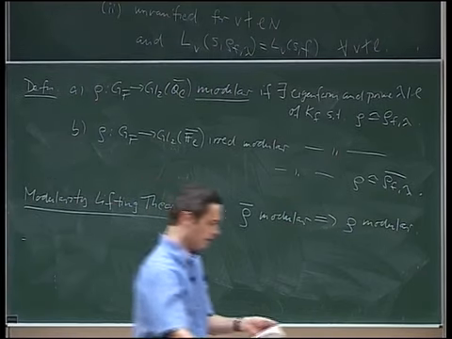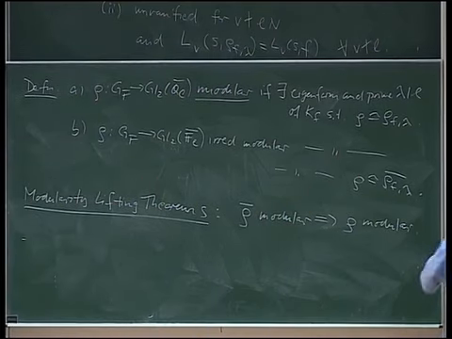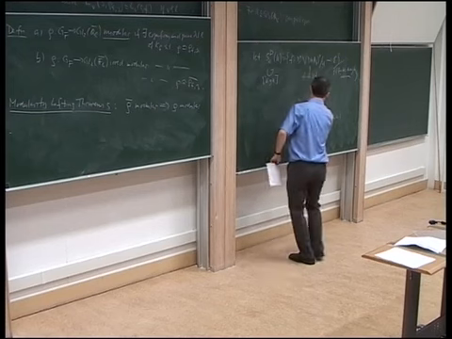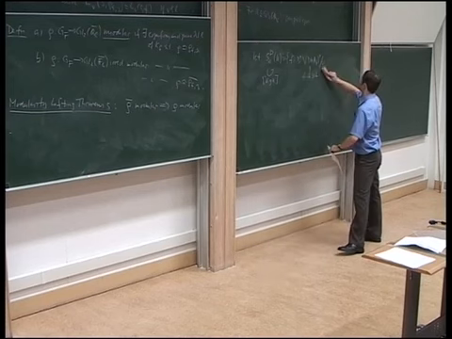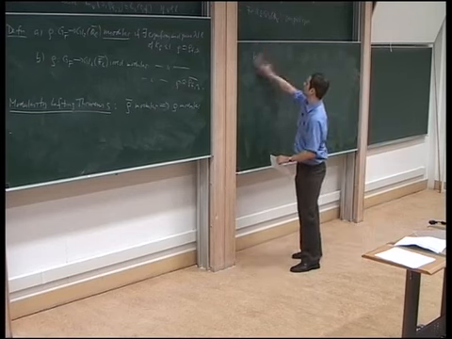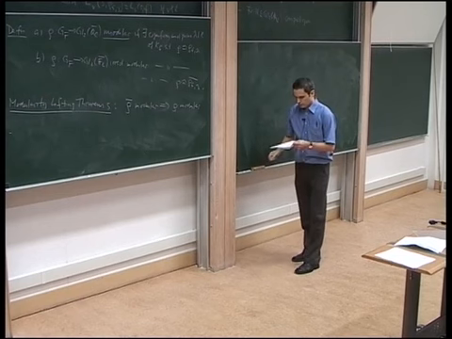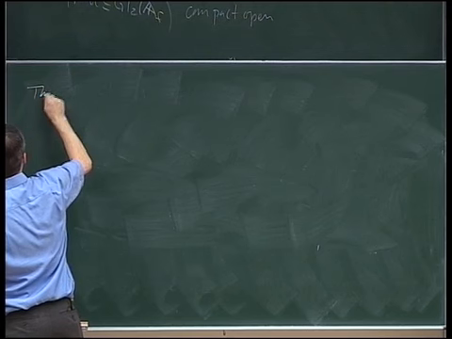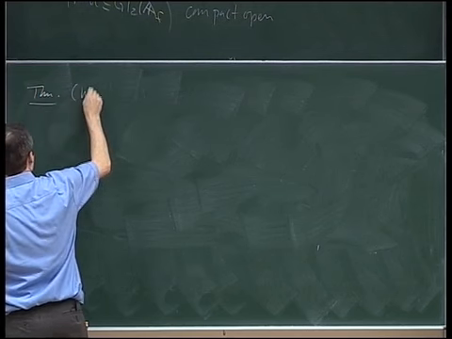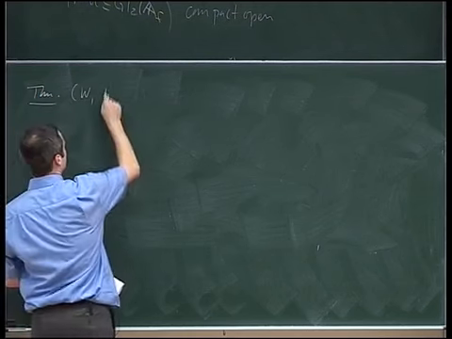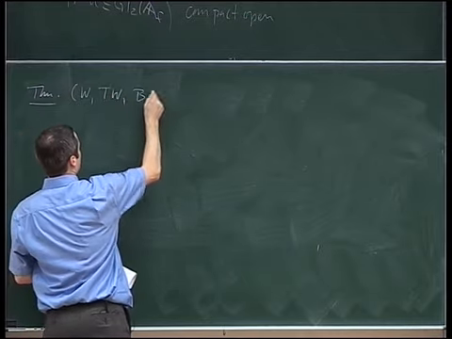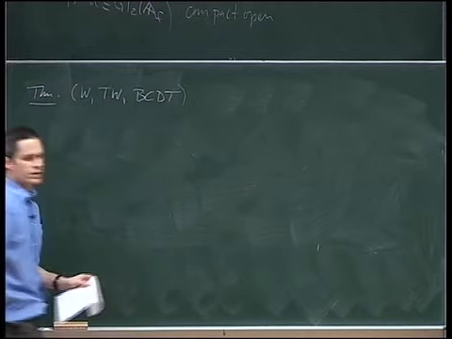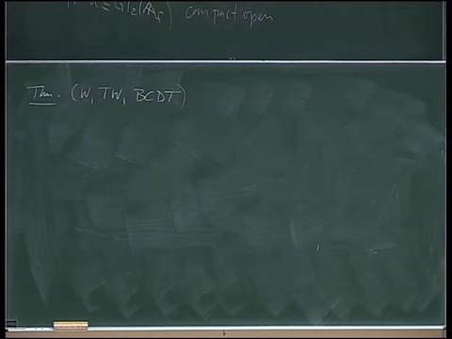And now, the beginning of all these modularity results is the proof of the Taniyama-Shimura-Weil conjecture by Wiles, Taylor-Wiles, Breuil, Conrad, Diamond, and Taylor.